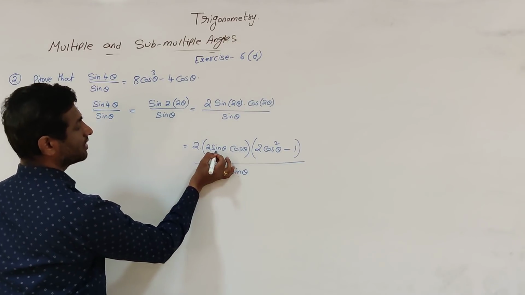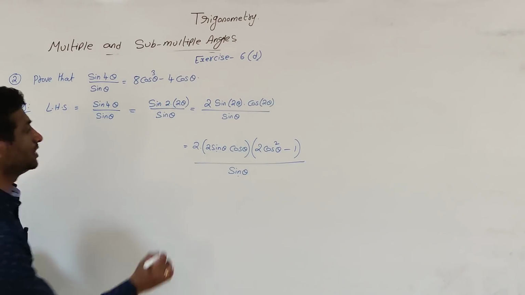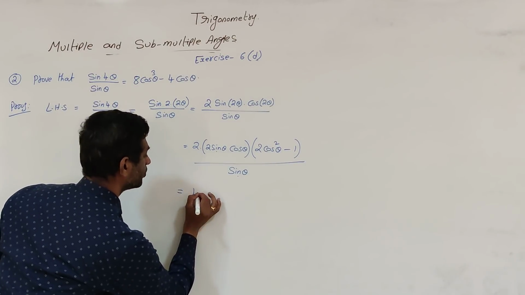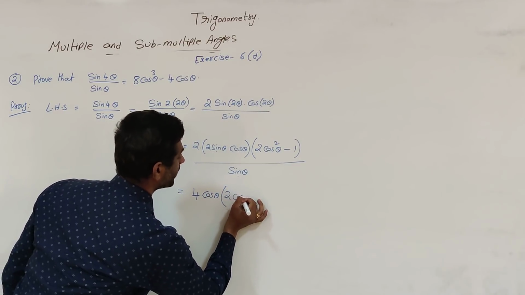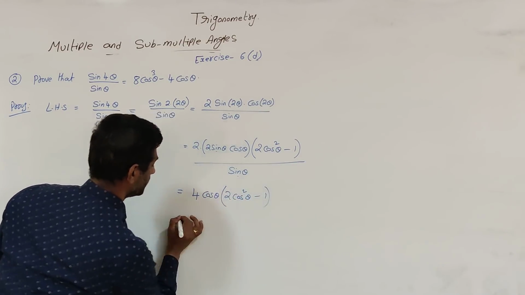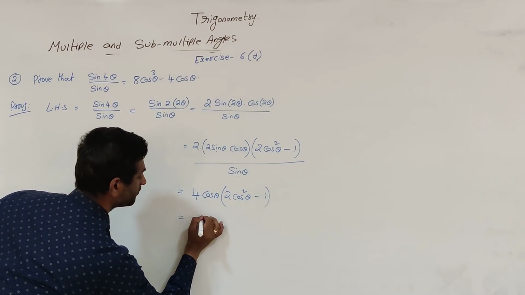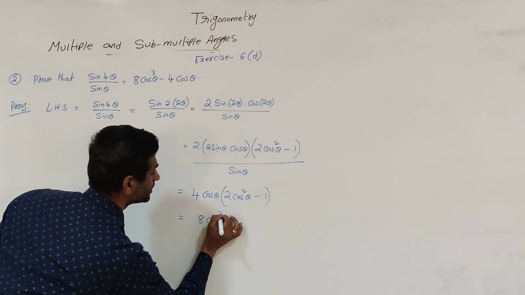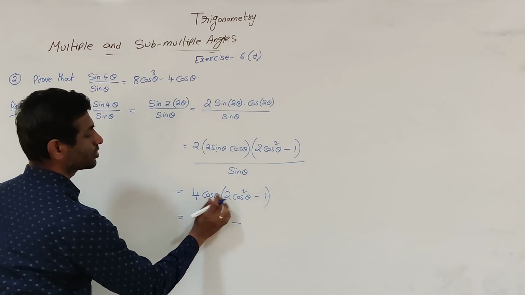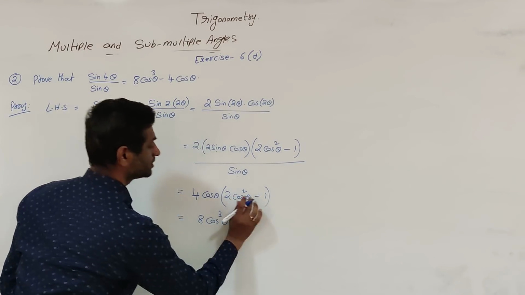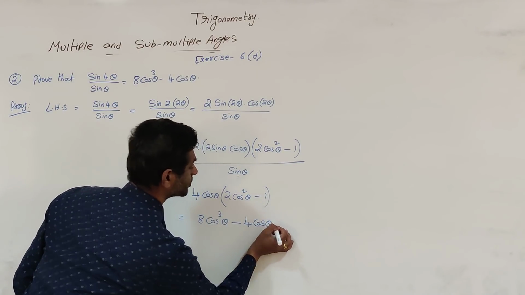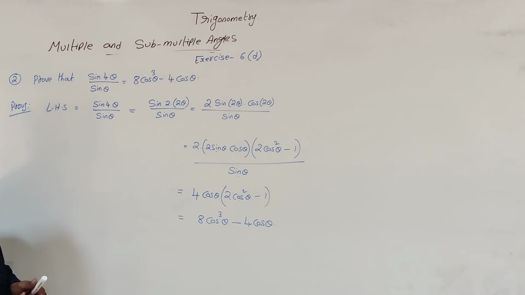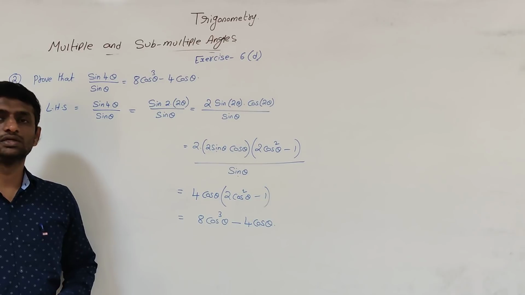So 1 sin theta get cancelled. So it will be 2 twos are 4 cos theta times 2 cos square theta minus 1. 4 cos theta into 2 cos square theta will be 8 cos cube theta, minus 4 cos theta into 1 is 4 cos theta, because plus into minus becomes minus 4 cos theta. So that is the simplification of sin 4 theta by sin theta is 8 cos cube theta minus 4 cos theta. Next problem.